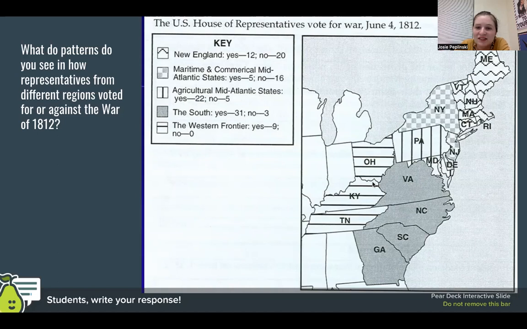This is the western frontier, Ohio, Kentucky, Tennessee. We have 9 voting yes, approving the war, and 0 voting no, denying the war. Then we have the South, Georgia, South Carolina, North Carolina, and Virginia.